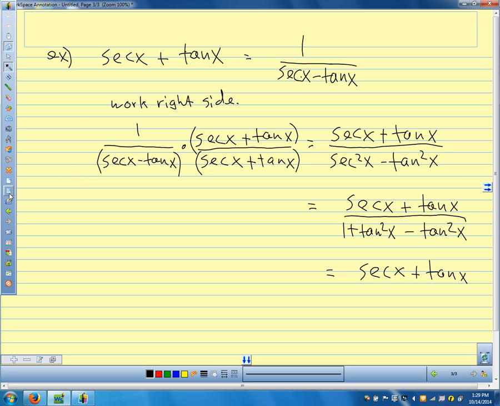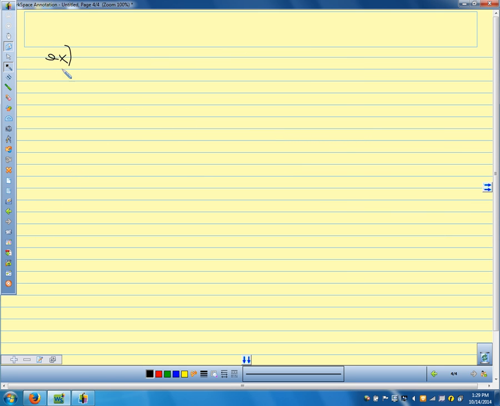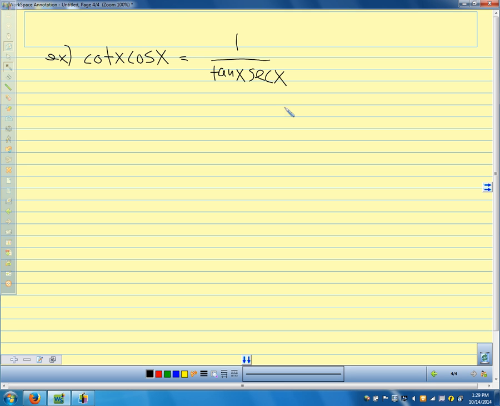Cotangent squared x cosine x, and we want to show that equals 1 over tangent x, secant x. So which side do we want to work here? Because it's kind of hard to tell which one is more complicated.